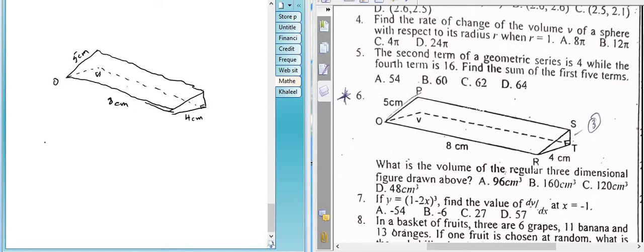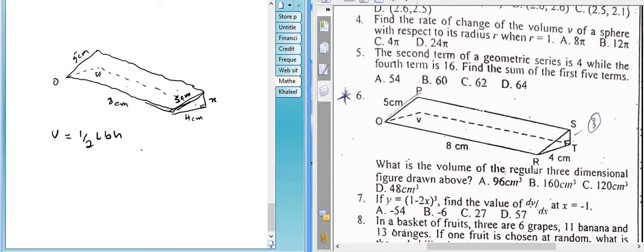We know that the volume of a triangular prism is 1/2 LBH. Here the base length is 8 centimeters, and the slant sides are 5 centimeters each. We have 4 here, and the height is x.